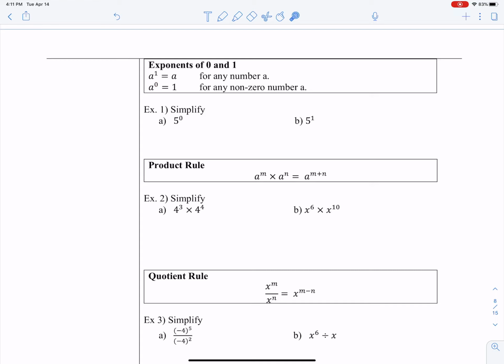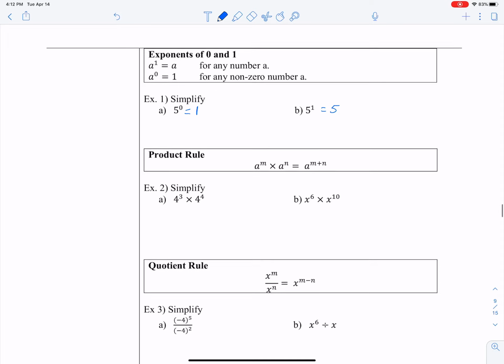The only thing is that this a, the base, can't be 0. You can't have 0 to the 0. But anything else that's not 0, then this becomes 1. So if you were going to simplify, here you have 5 to the 0, so that just equals 1. Here you have 5 to the 1, that just equals 5. So that's the first 2 rules, so they're fairly simple.